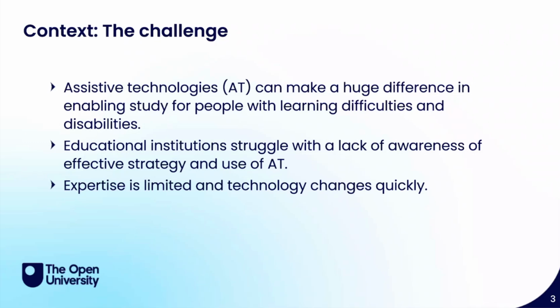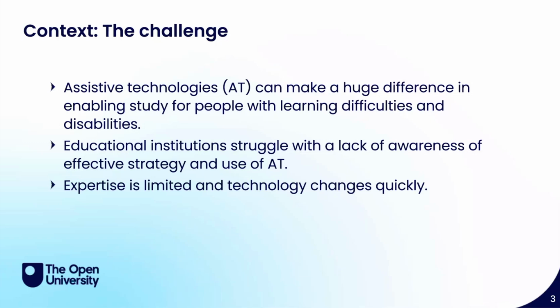It's very clear that, like any area of technology, that's changing over time, and also that it requires quite a lot of expertise and awareness to understand it. And that in itself is an issue. So education institutions struggle both with the strategy and the use of assistive technologies.